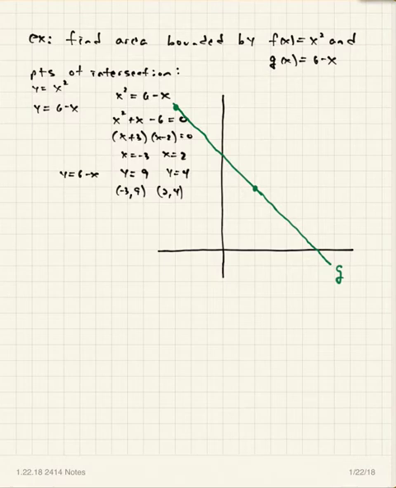And then f of x equals x squared, we know is a parabola that has a vertex at the origin. So that graph looks like this. And we also know the 2 points of intersection. So we know that this graph kind of goes like this.